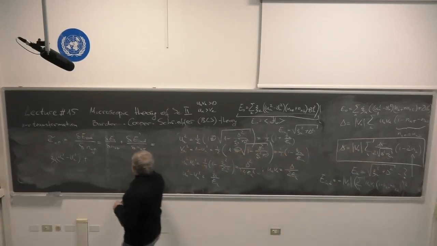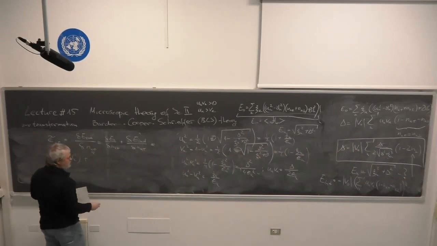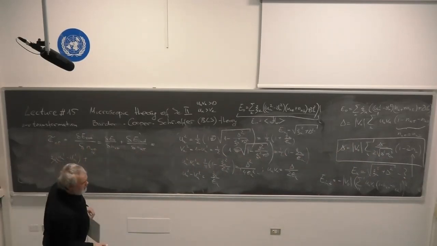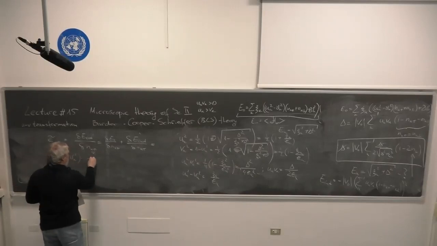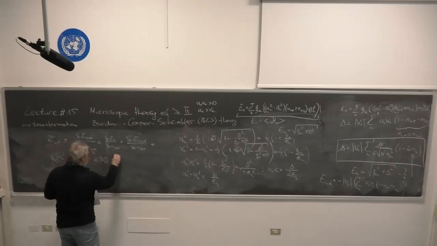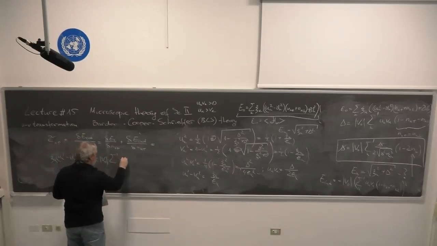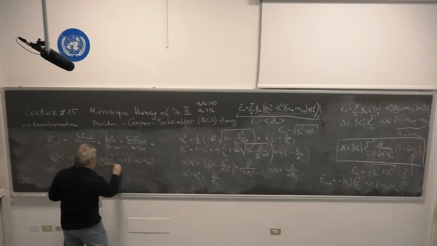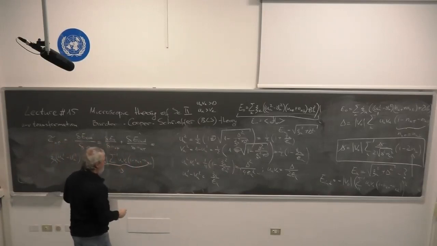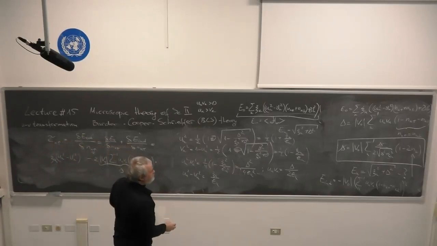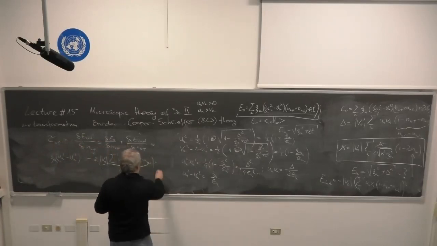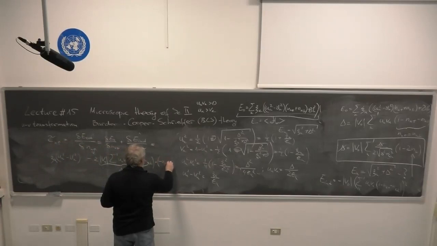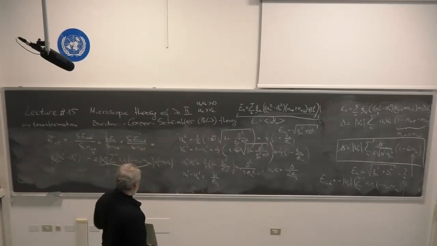Therefore, the variance with respect to n_k up of the interaction gives me first minus 2 V naught sum over k prime u_k v_k (1 minus n_k up minus n_k down). But this is delta. If you remember, now I need to multiply it by minus u_k v_k, and that's it.